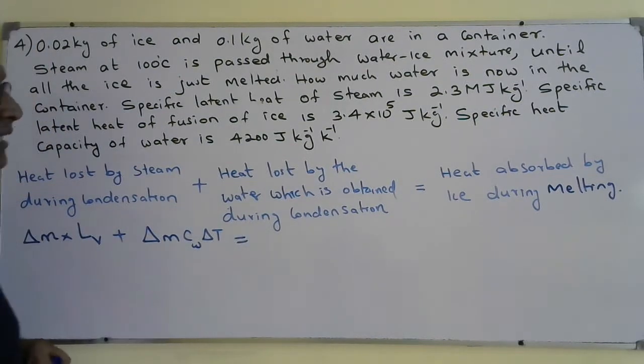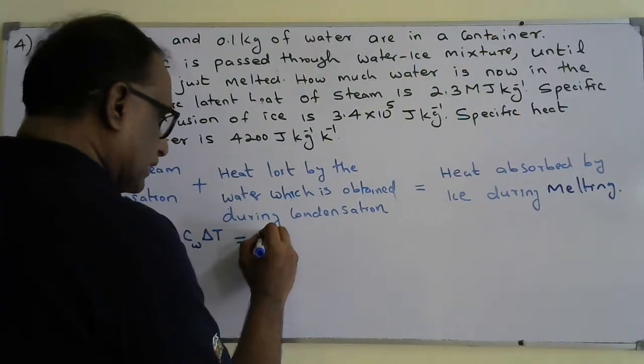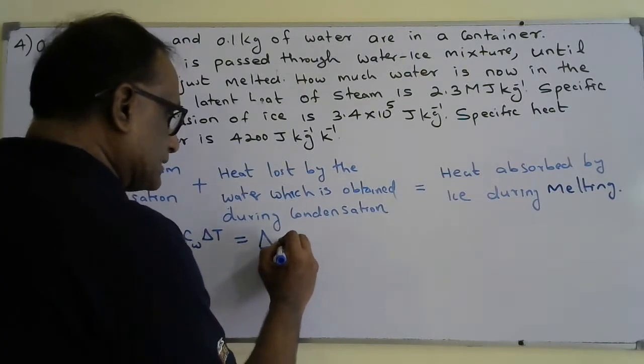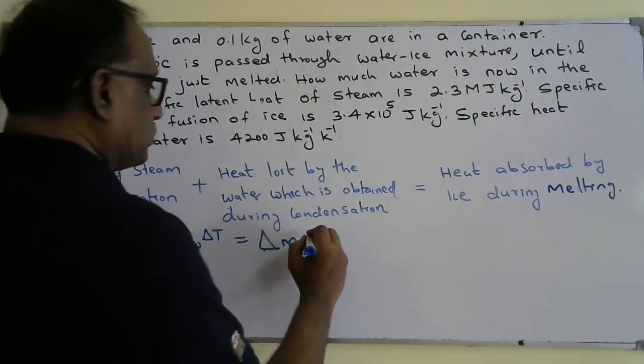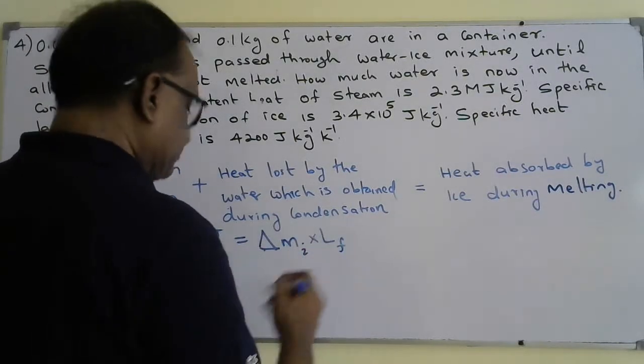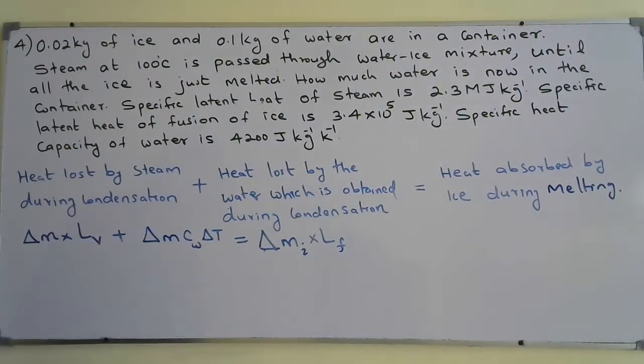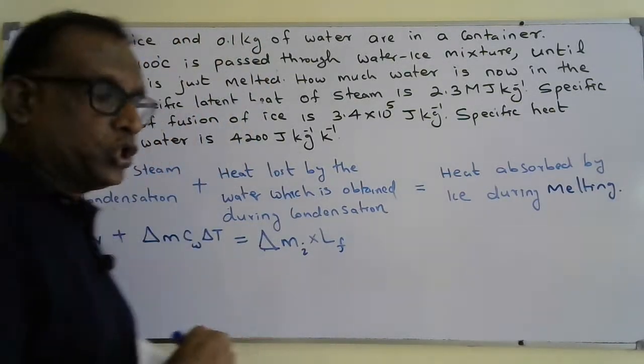Now that's going to be the mass of ice, delta M ice, which we know is 0.02, into L fusion. So the mass of vapor condensed we don't know, we'll find it.